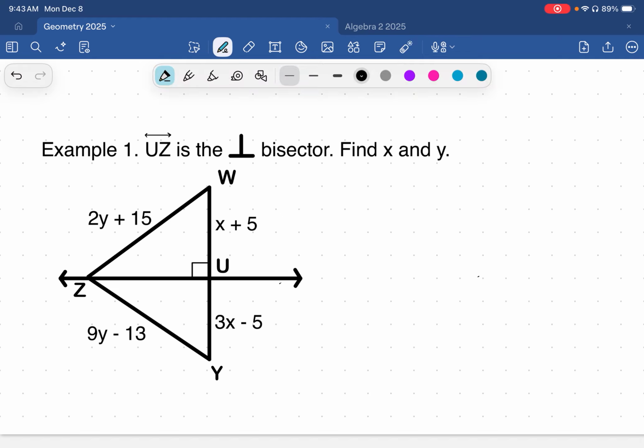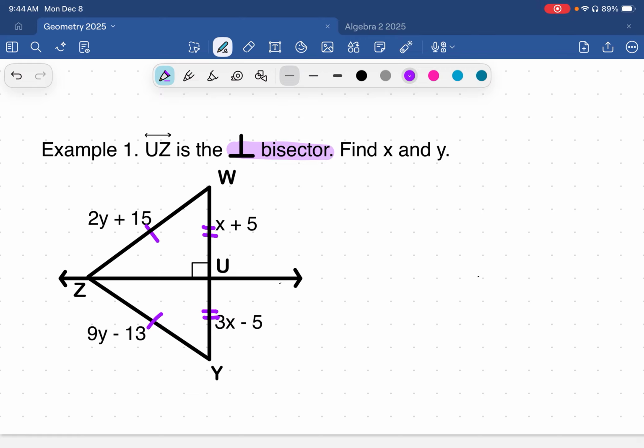One of the things that's jumping out to me is that we have this perpendicular bisector. This means we can add a few things to our picture. We know that this side of the triangle and that side are equal in length, and this side and that side are also equal to each other in length. This is what the perpendicular bisector theorem states.